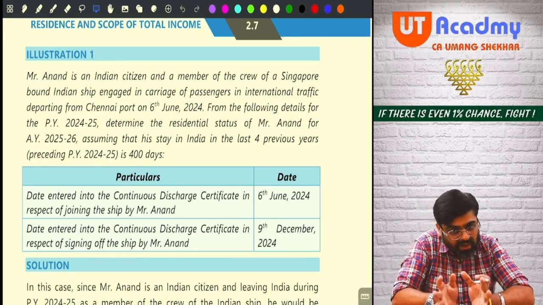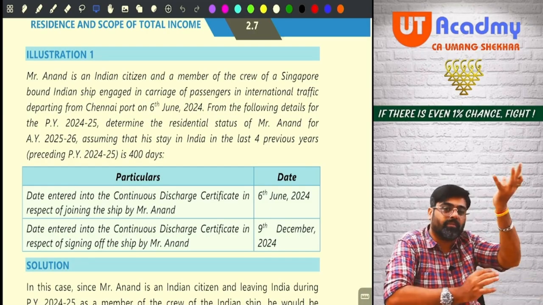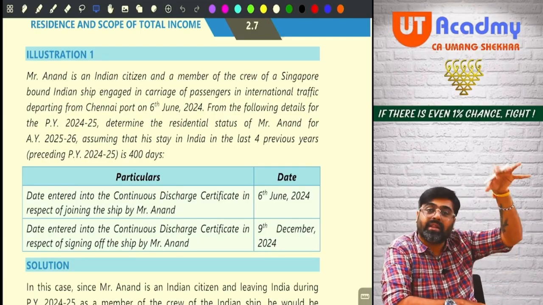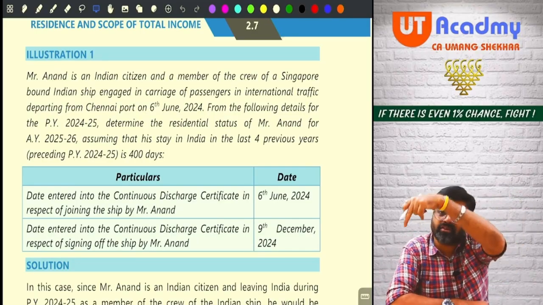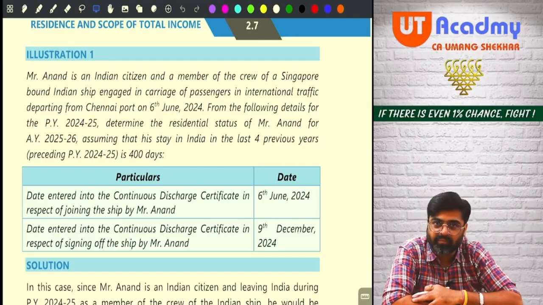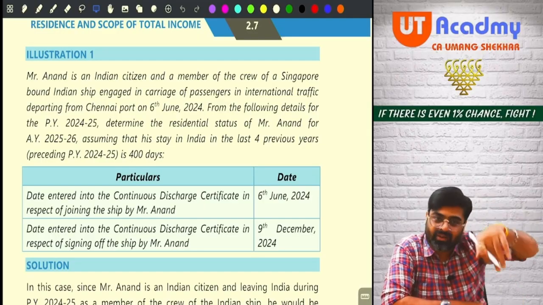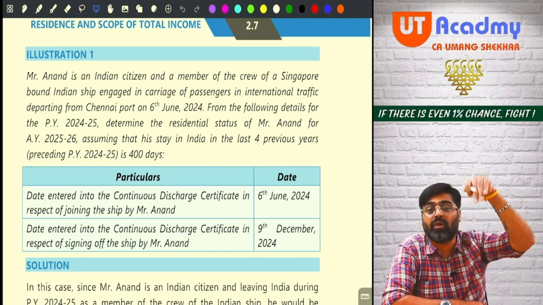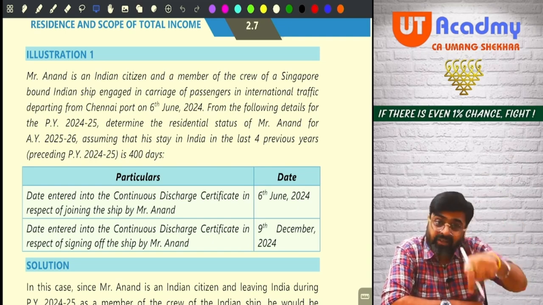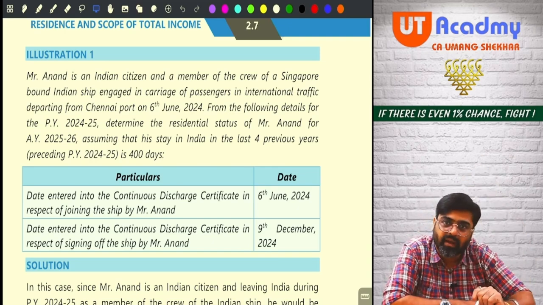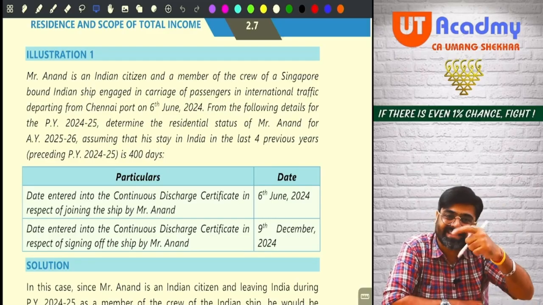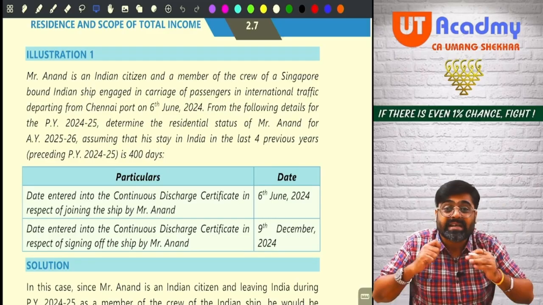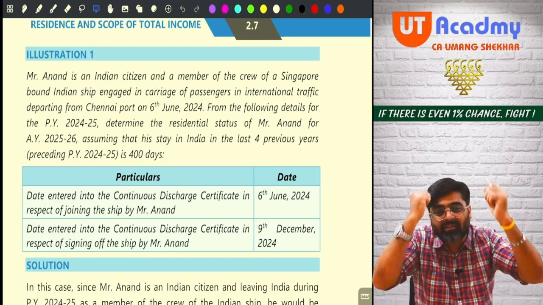The total income of this year needs to be computed in the assessment year. Which income will go and which will not go will depend on the residency status of 24-25 only. And to determine the residency status of 24-25, I need to check the stay of 24-25 only, no?